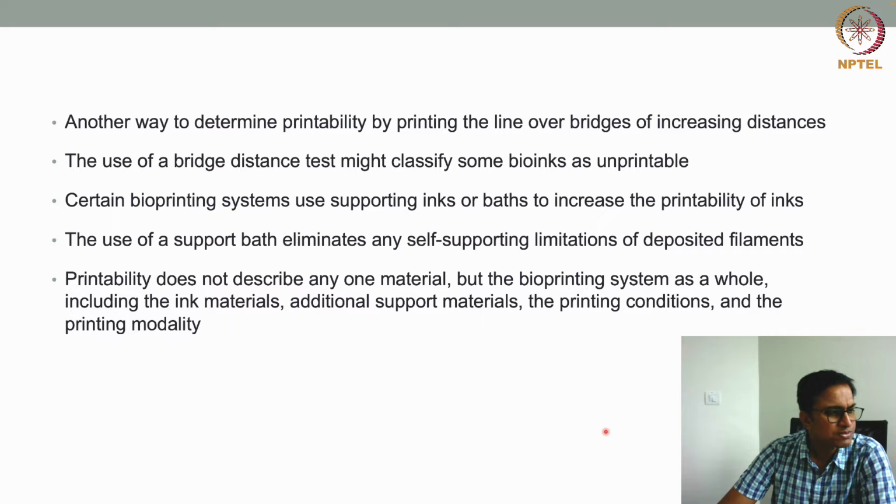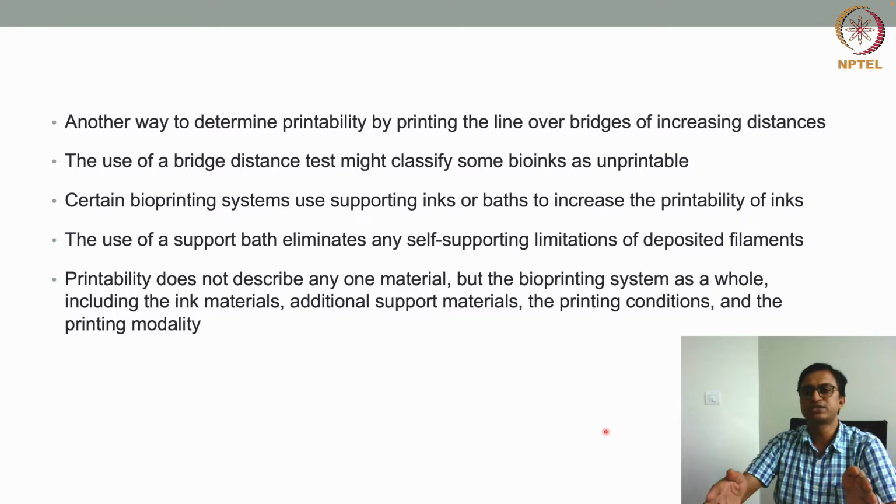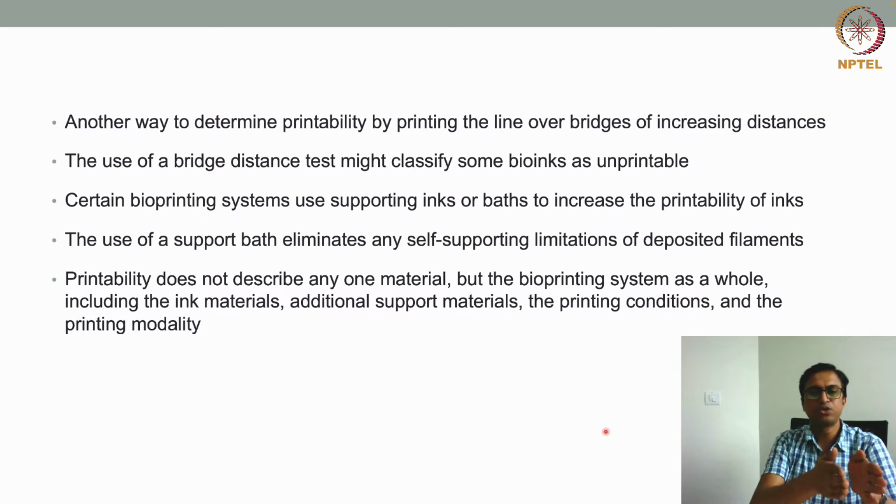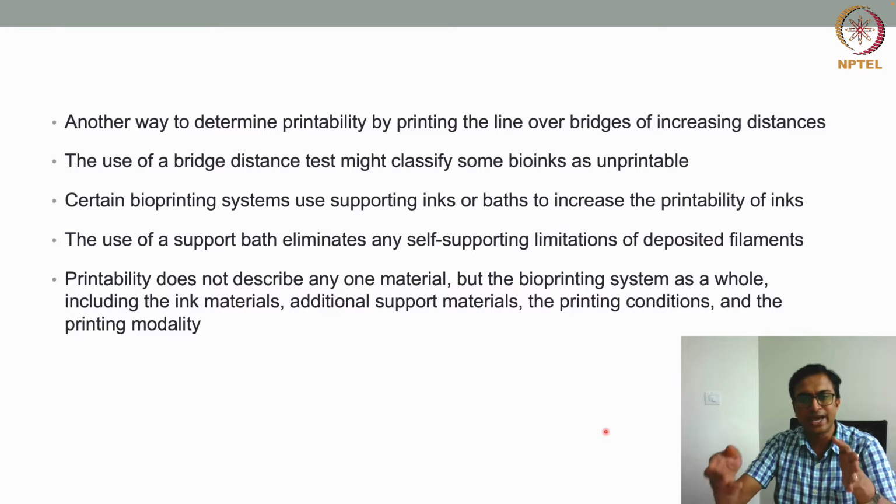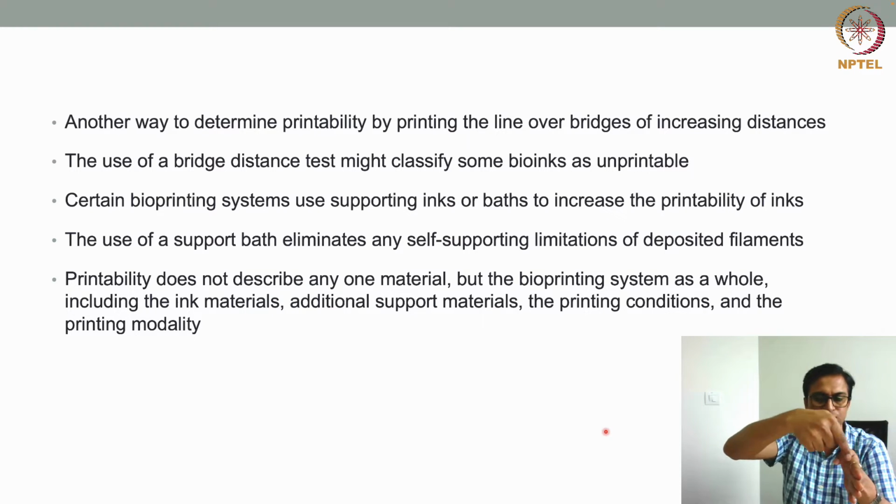Another way to evaluate printability is to print a line over bridges of increasing distance. Suppose I put several bridges, first very close to each other, then the next bridge a little further, with increasing distance. Then I print a line on top of that.